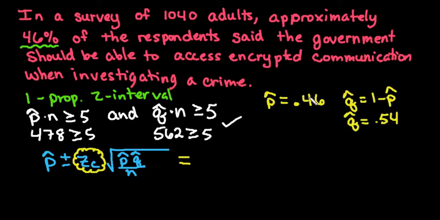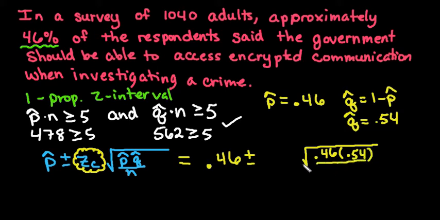Okay, and the 0.46, like I said, came from 46%. So if you need to show work, what we would do is write our 0.46 plus or minus. I still have to find ZC, and I'm going to show you how to do that in just one second. And you have several options for finding your critical value, ZC. It can also be z star. I know some textbooks use z star instead of zc, but that is just your z-score that corresponds to a 95% confidence level.